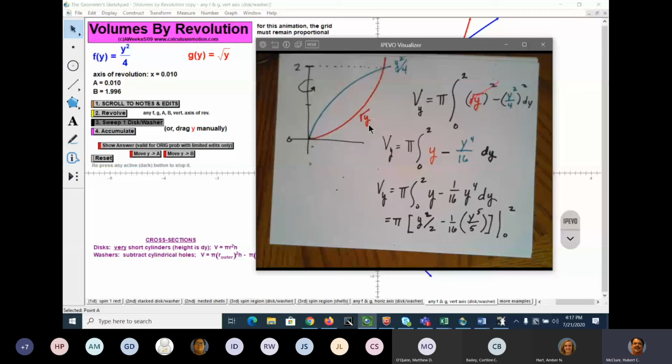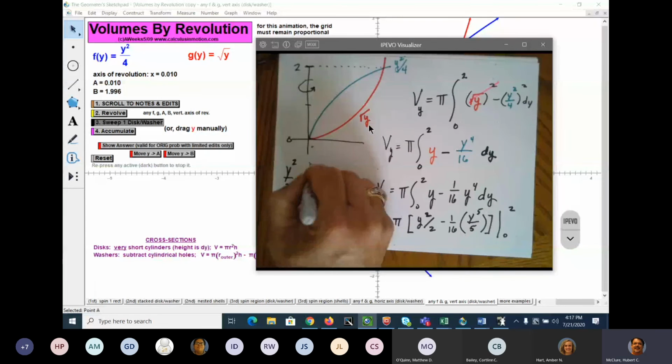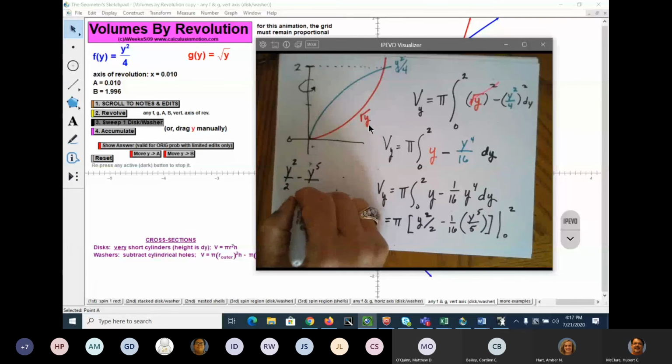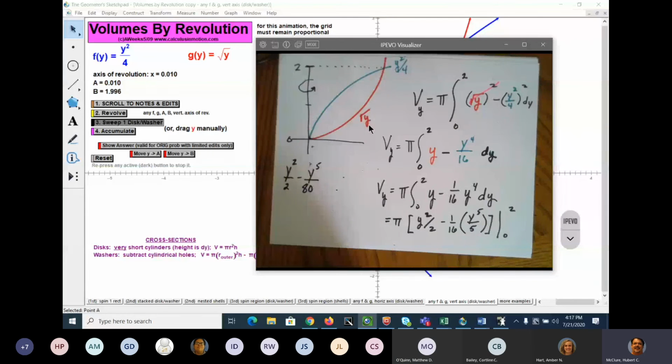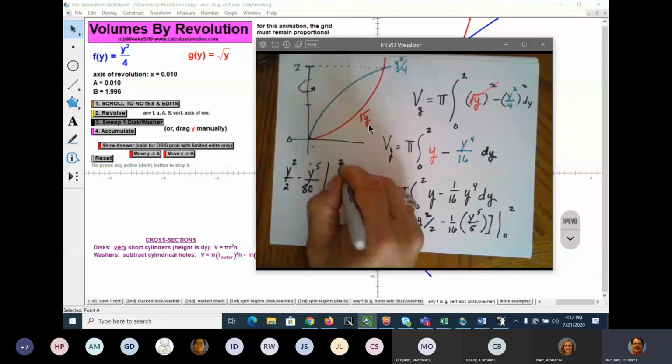So that's going to give you y squared over 2 minus y to the 5th over 5 times, what does that come out to be? 80? Somebody help me out there. It's 80. Okay, evaluated at 0 and 2. I'm just going to remember to bring my pi.